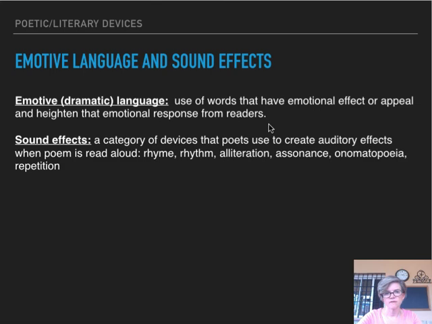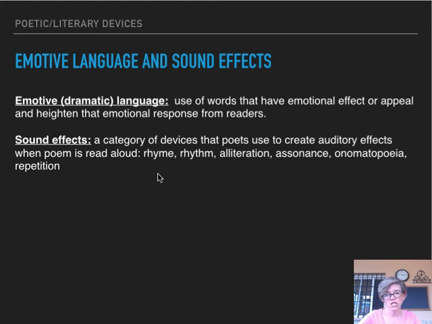And the other one is a really broad term that you just need to be familiar and comfortable using, looking for: sound effects. Okay, and I've mentioned this already, but there's loads of the terms that you're learning that fall into the category of sound effects. When we're talking about sound effects, it's just any device that a poet uses to create auditory effects.